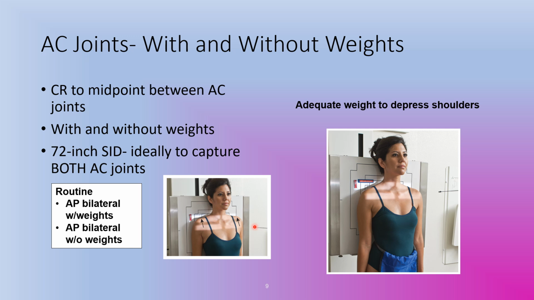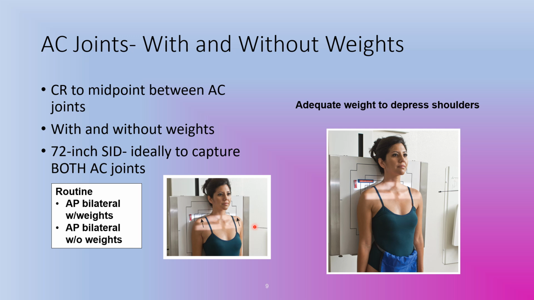If you're at a 40-inch SID, then your technique would be 80 kVp at 4 mAs at a 40-inch SID. So if you're doing both joints on one IR, then you're going to end up using 2 14 by 17s placed landscape.